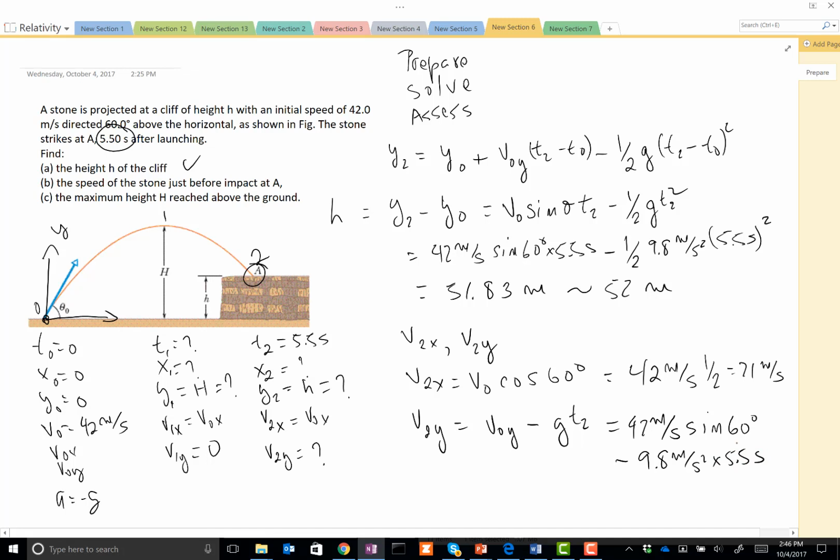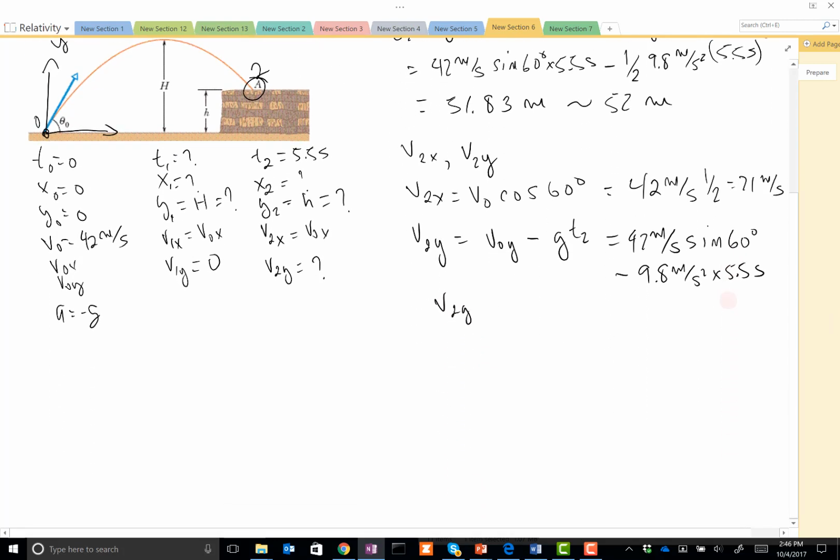I can do the math here, and I need more space, so let's scroll up. v2y then is equal to minus 17.5 meters per second. So right here at this point, this is the velocity vector.